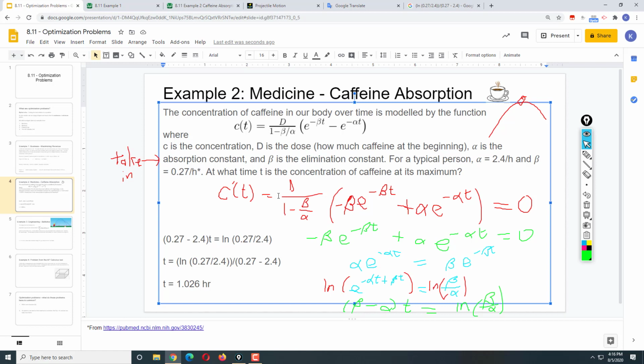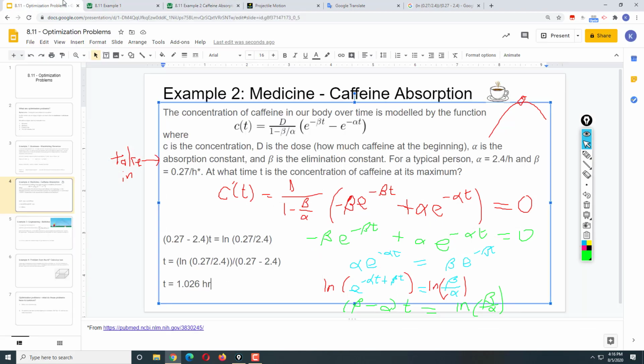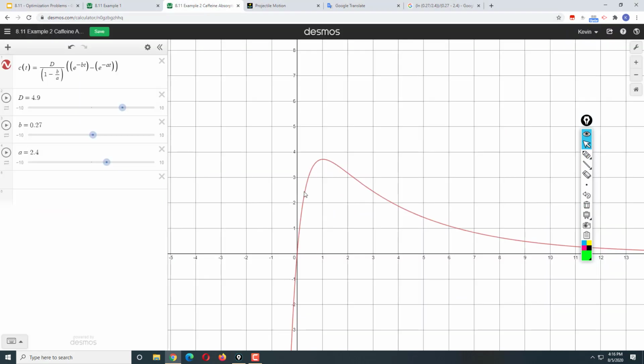In fact, if we graph this, let me take a screenshot of this. Okay, so now I can erase this. So we got 1.026 hours. When we graph this, that's what it looks like.